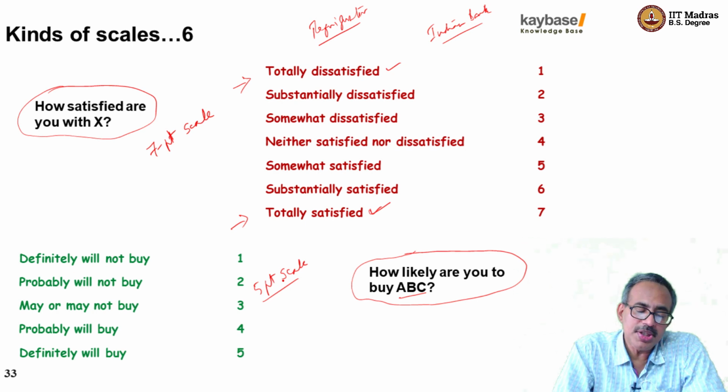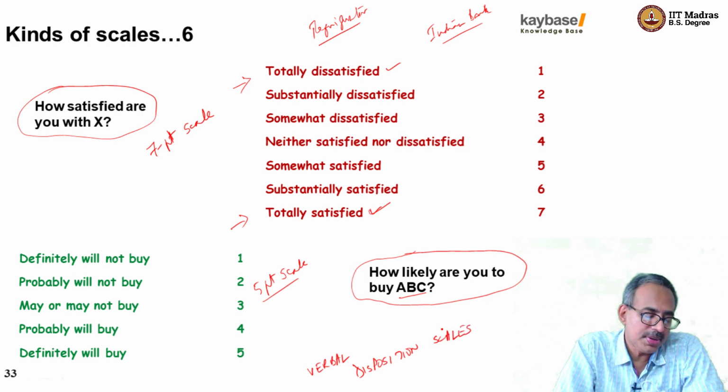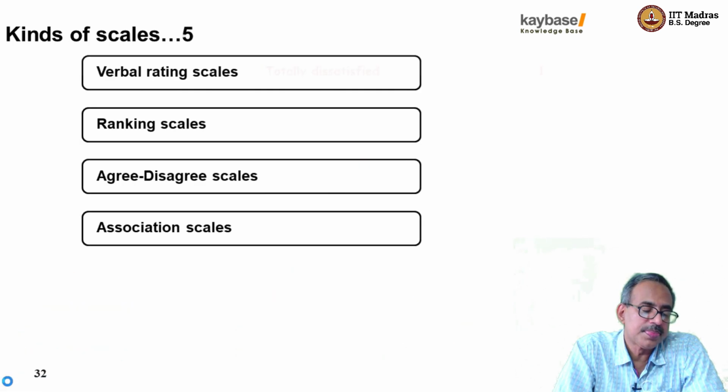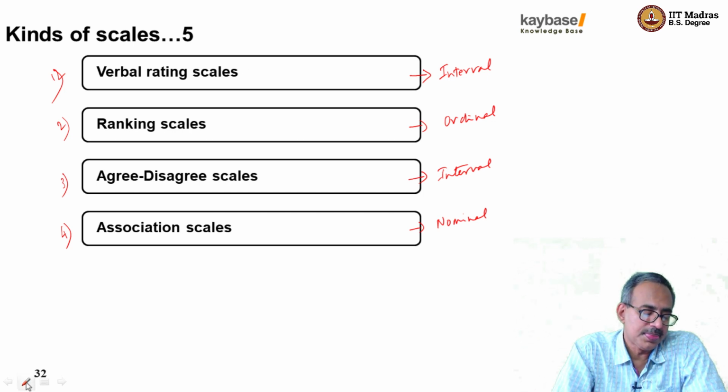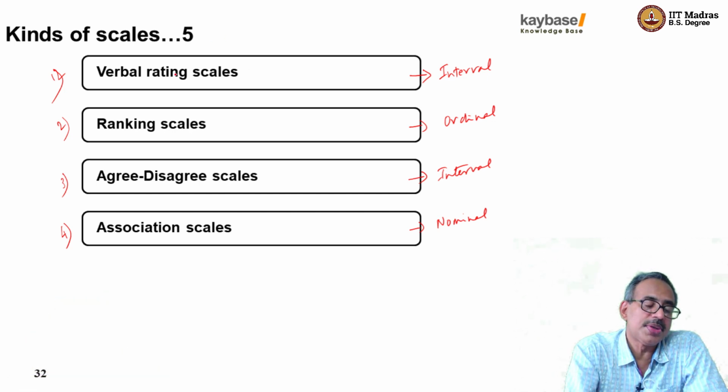Please understand, both these scales are called verbal disposition scales. Right? We said that in the previous slide. Do you remember? Verbal rating or verbal disposition scales. Okay, you can use the word verbal disposition as well.